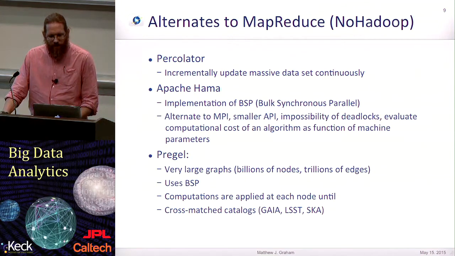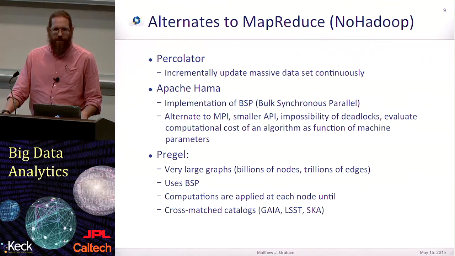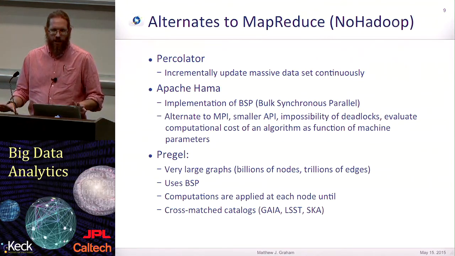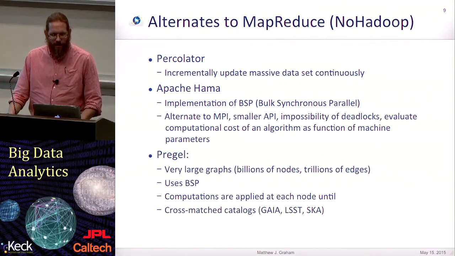There's a thing called Apache Hama, which is an implementation of the bulk synchronous parallel algorithm. This is a way of doing MPI-type calculations, but where you can split it across very many machines, very many clusters, and it avoids some of the problems of MPI in those situations.